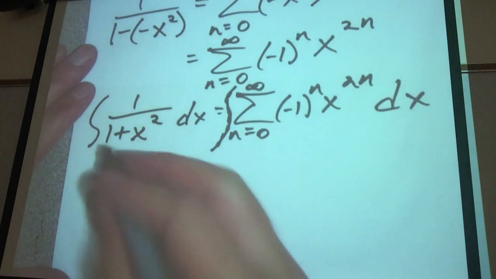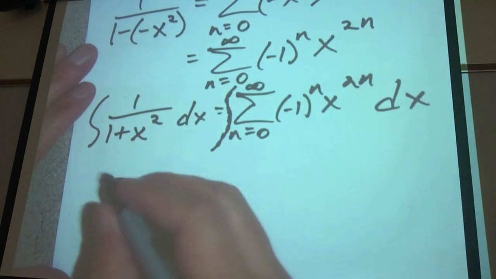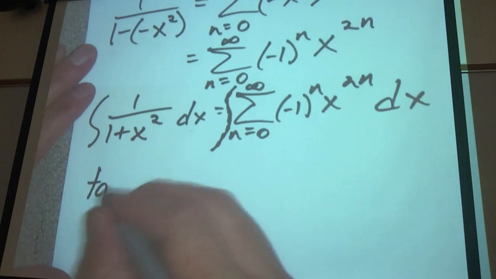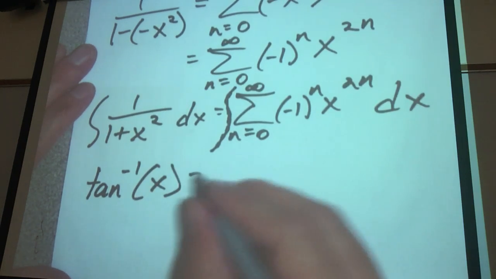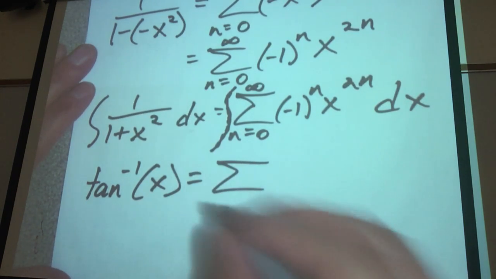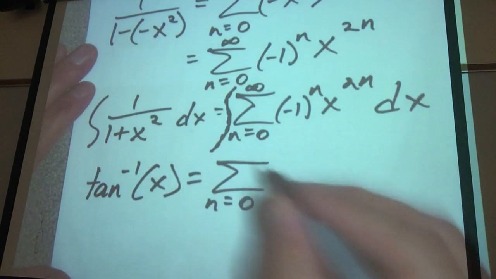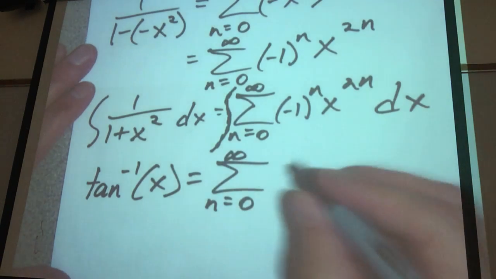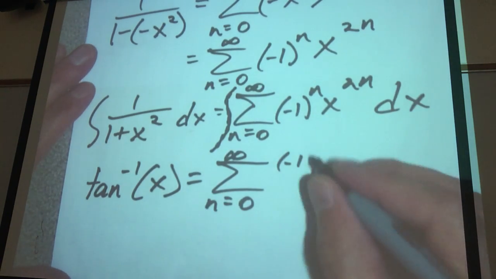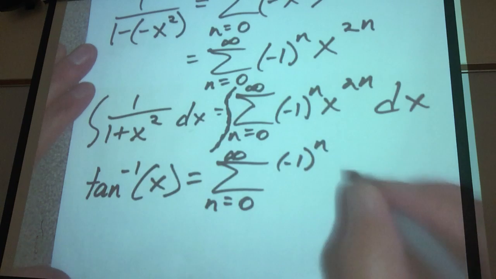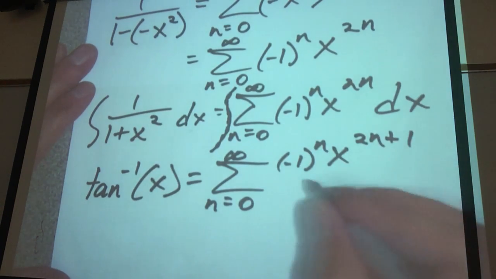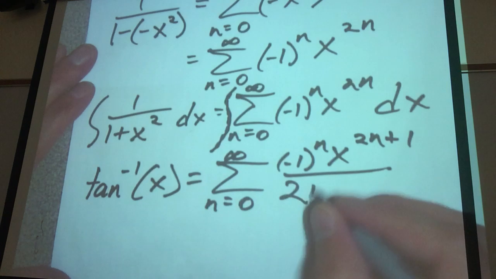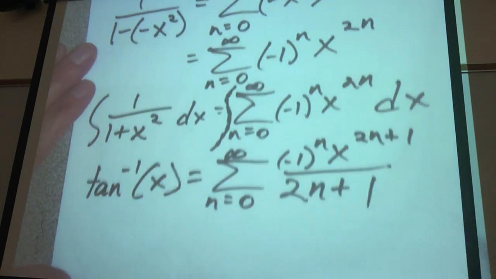Okay. Well, the integral of 1 divided by 1 plus x squared is tangent inverse of x, which will equal the sum, n equals 0 to infinity of negative 1 to the n, x to the 2n plus 1 divided by 2n plus 1.